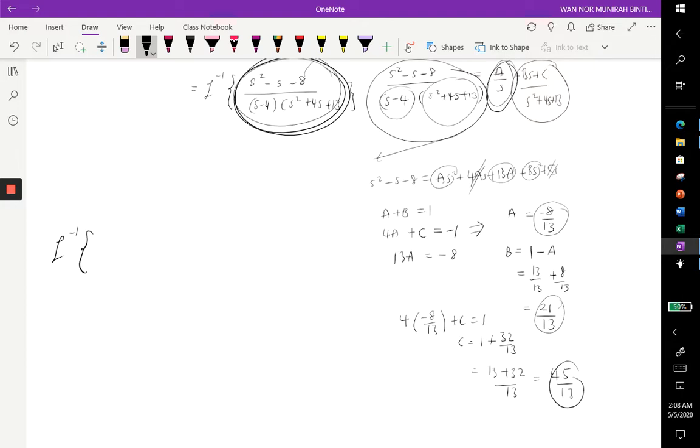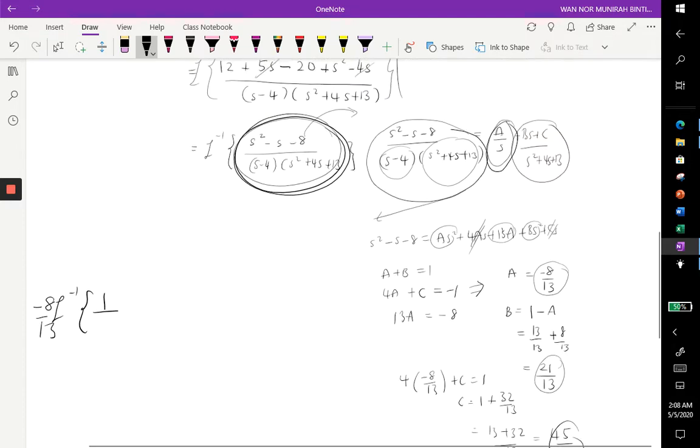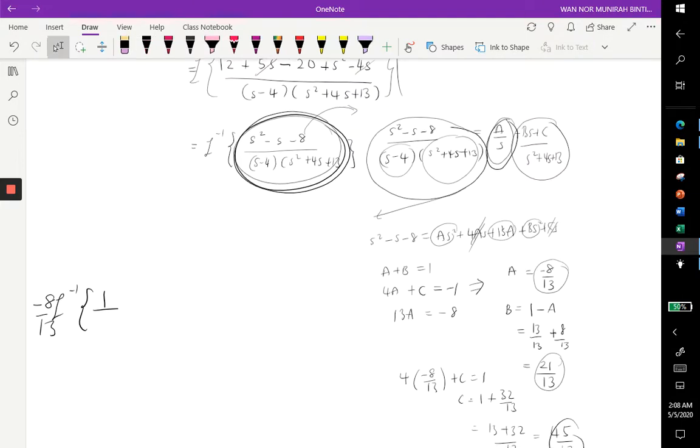Where is our A? A is negative 8 over 13. Oh, here also we made a mistake earlier. Why s? This is s minus 4. We delete this one.